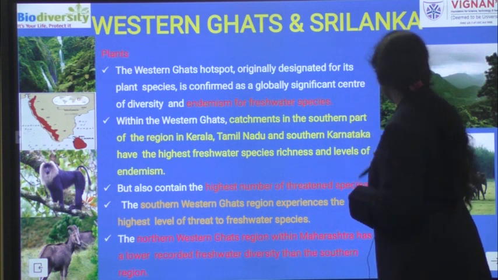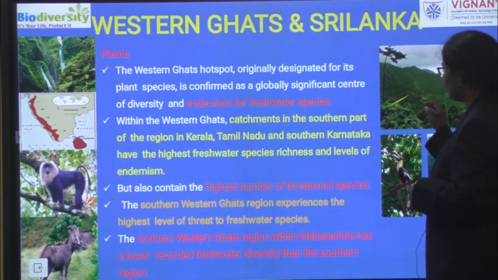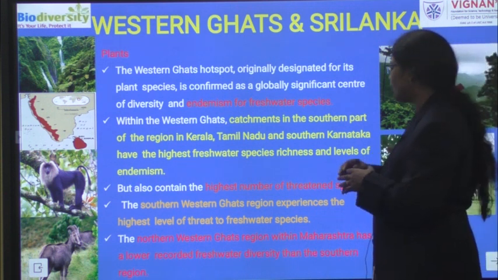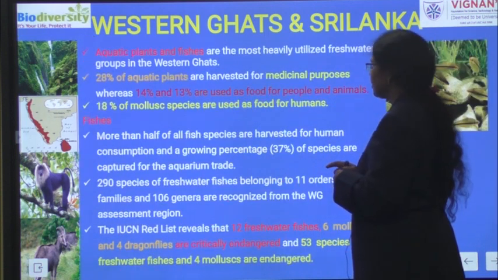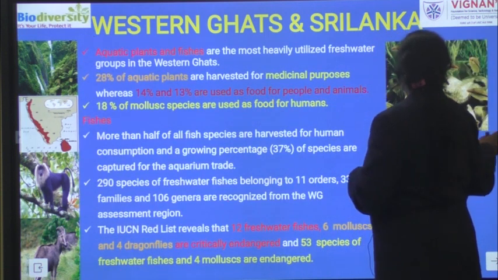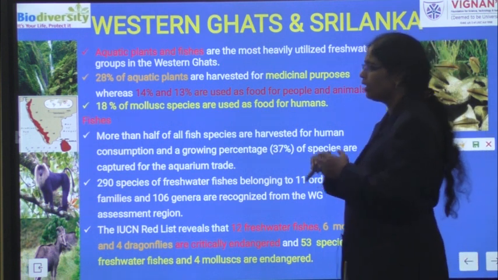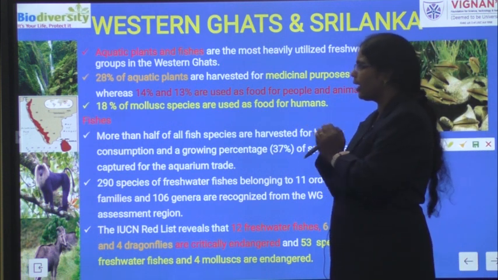So here you can observe the biodiversity hotspot region of Western Ghats, and birds and animals native to that particular region, and aquatic plants and fishes. A variety of aquatic plants are confined to this particular area.